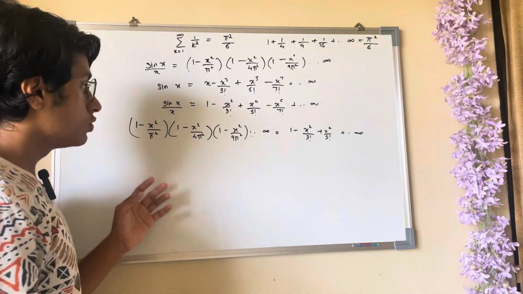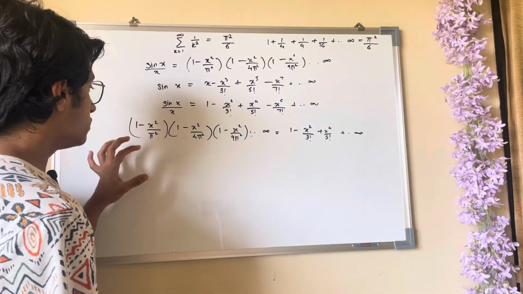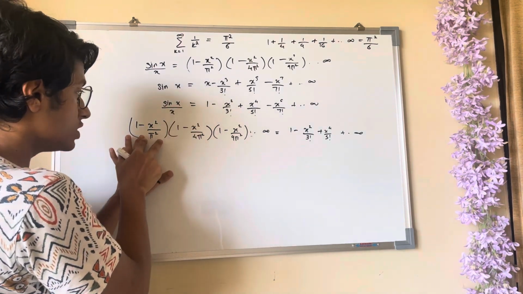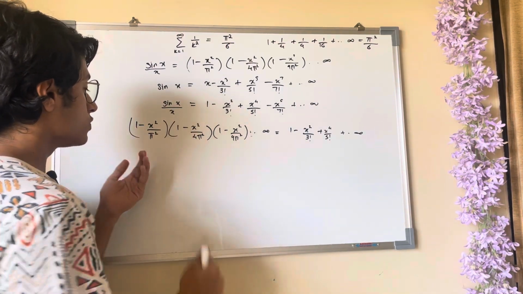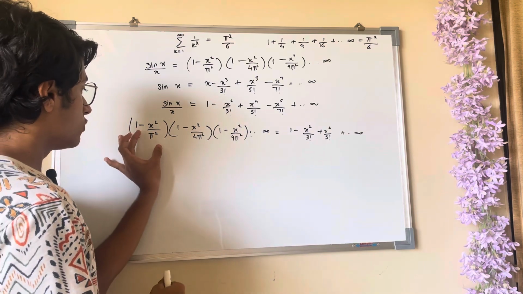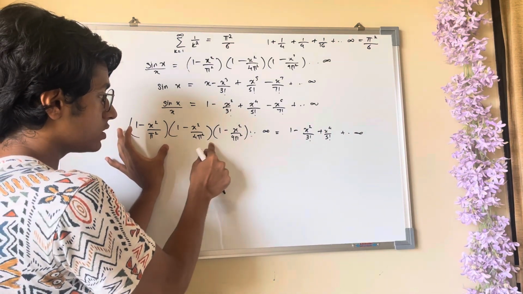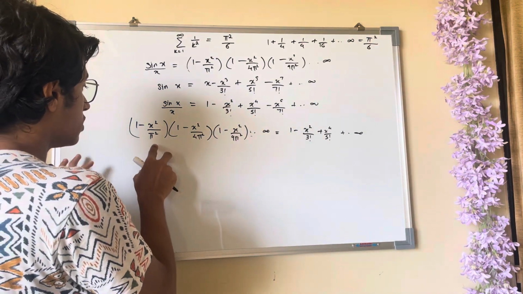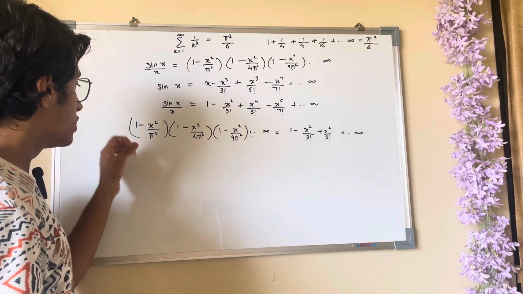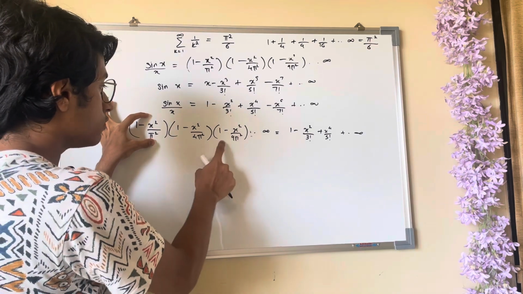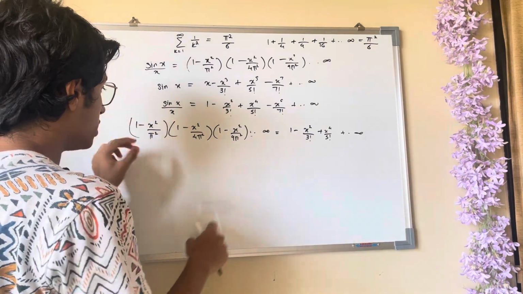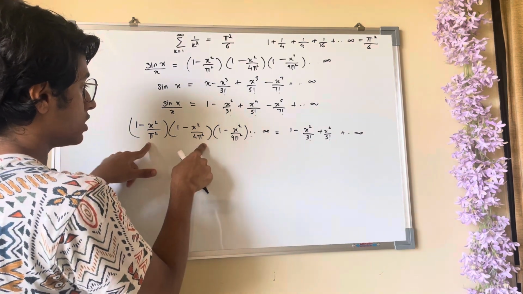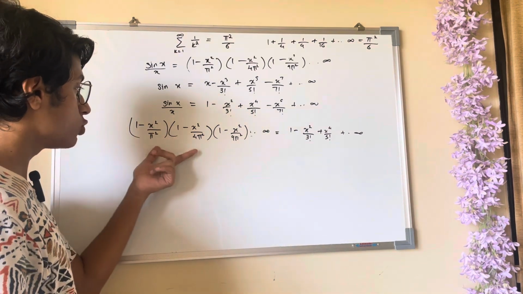So to find the coefficient of x square, we will take out one of the terms of x square by pi square from one term and multiply it with 1 from all the other terms. Like to find the coefficient of x square, this into 1 into 1 into 1 from all the other terms. If we multiply this with any of the other terms, then we would get x power 4 upon 4 pi power 4.